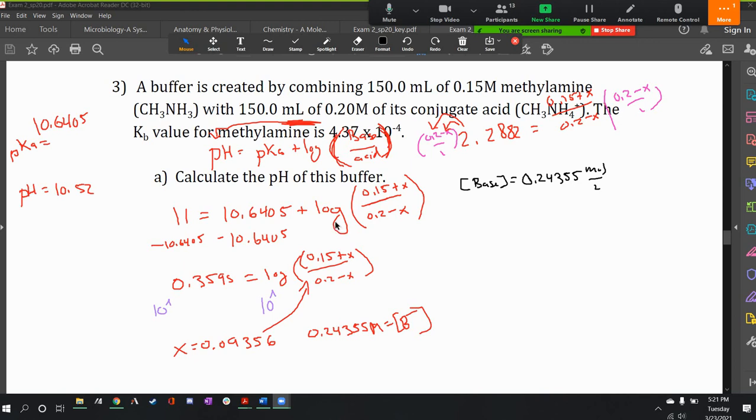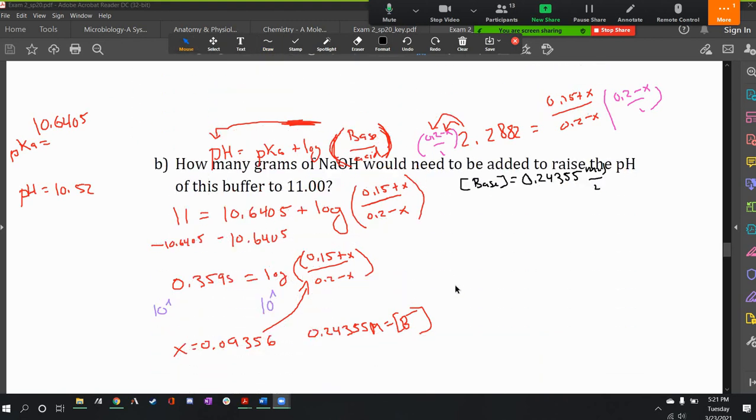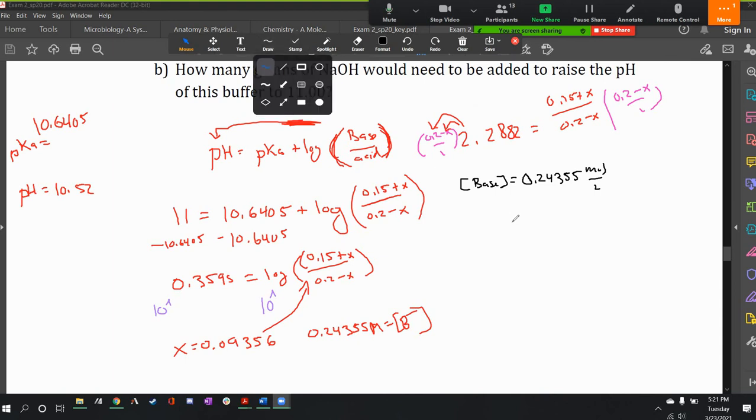Okay, let me think about this for a second. Okay, so 150 milliliters of 0.15 molar. So that would be, okay. We multiply by, yeah, definitely at some point over here for sure. Okay, so if we have this many moles per liter.